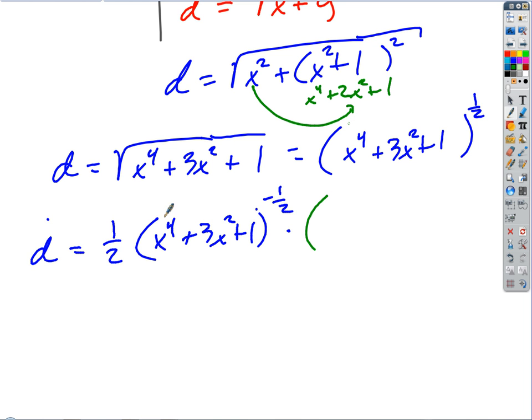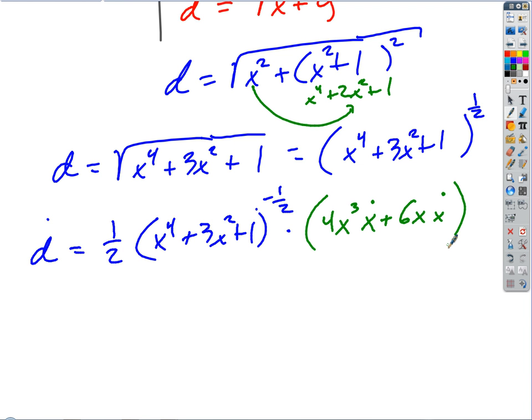So the derivative of the inside then is what? 4x cubed plus 6x. But we're differentiating with respect to t, right? So times x dot. Good.